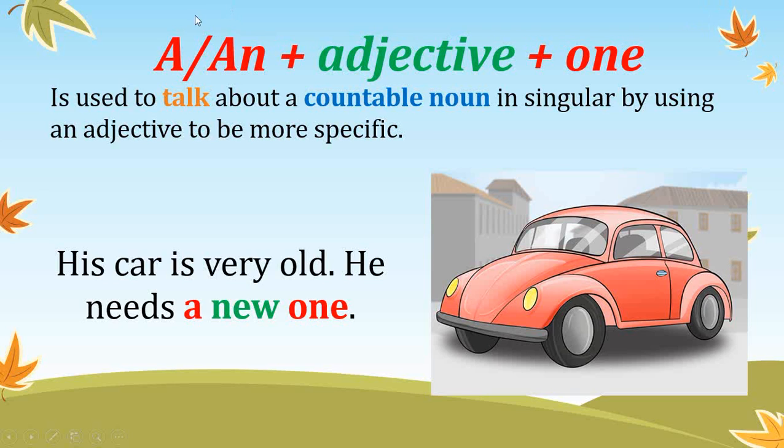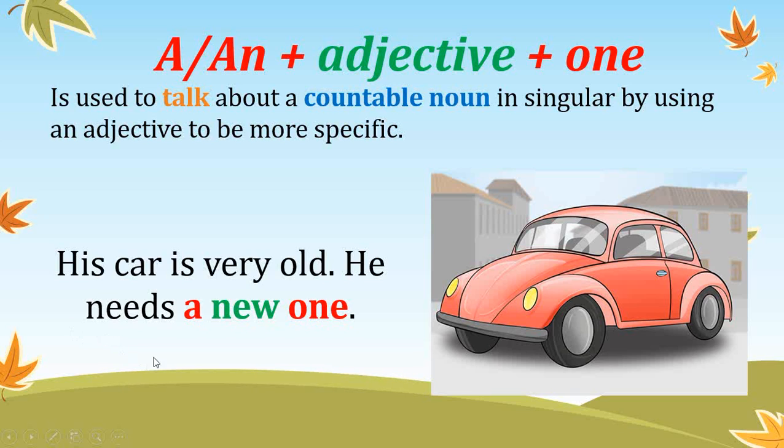Now we have this structure: a or an plus adjective plus one. This structure is used to talk about a countable noun in singular by using an adjective to be more specific. For example, his car is very old.